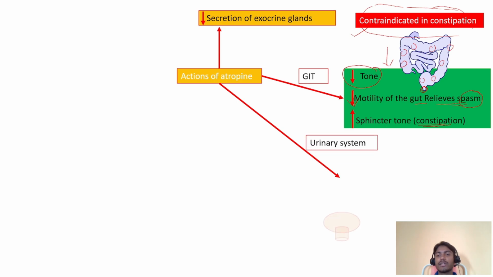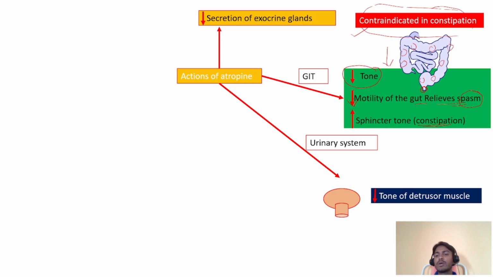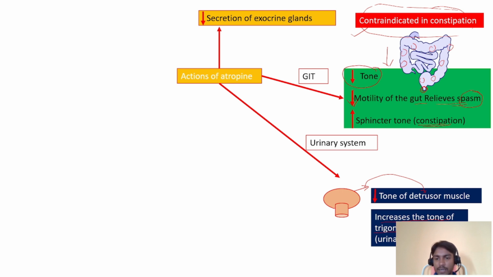Next, the urinary system. It decreases the tone of the detrusor muscle, this muscle which we call the detrusor muscle. Next, the sphincter: it increases the tone of the trigone and sphincter. See here, the sphincter can be contracted like this.